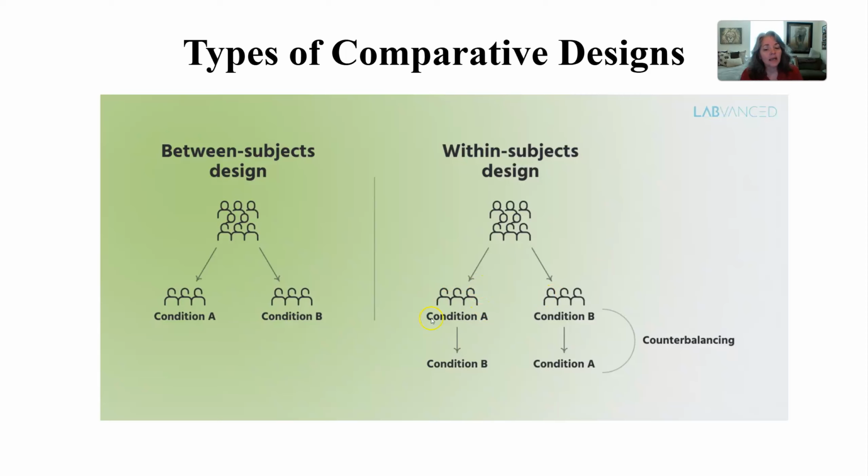I'm still comparing two groups of scores, right? So this group of scores was when they had the drug, and this group of scores was when they had the therapy. And then same thing, now they get the therapy first and then the drug. So let's say this is 100 people, 50 people are going to get the drug first, then the therapy, and then the other 50 are going to get the therapy first and then the drug.